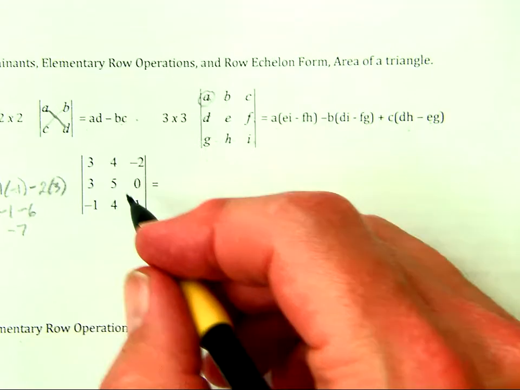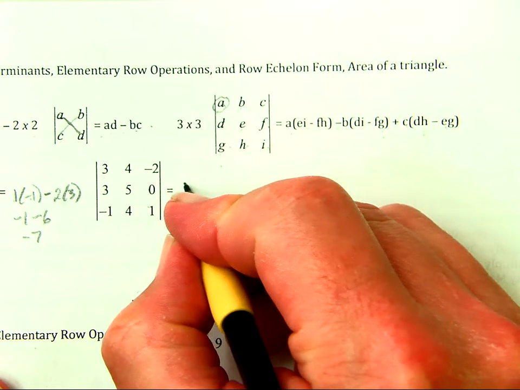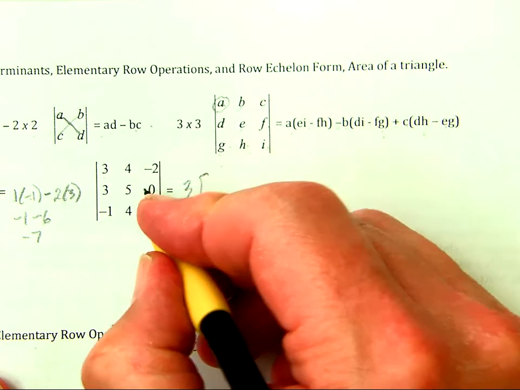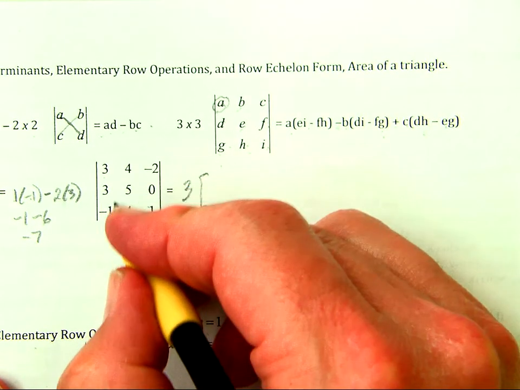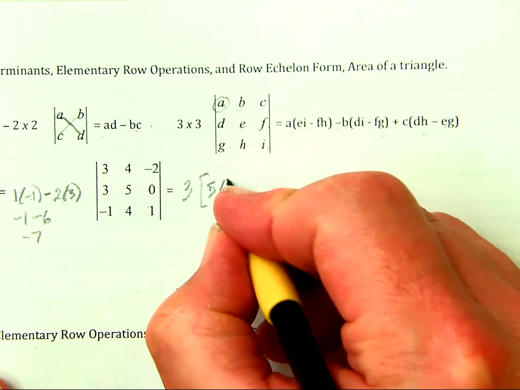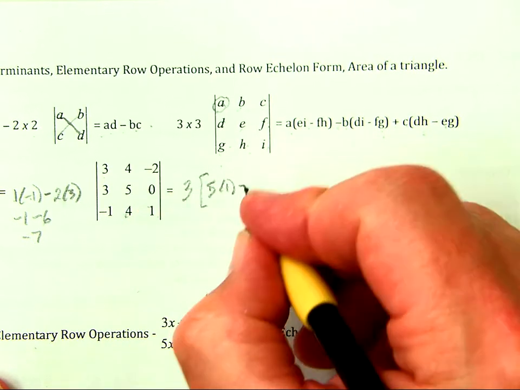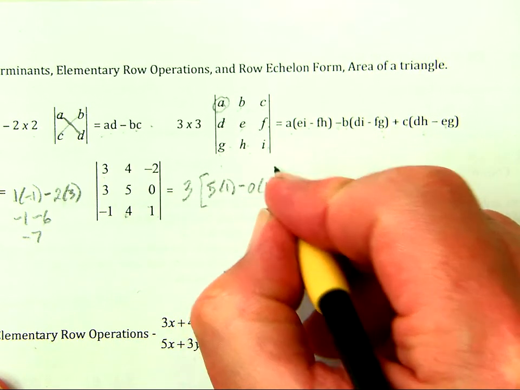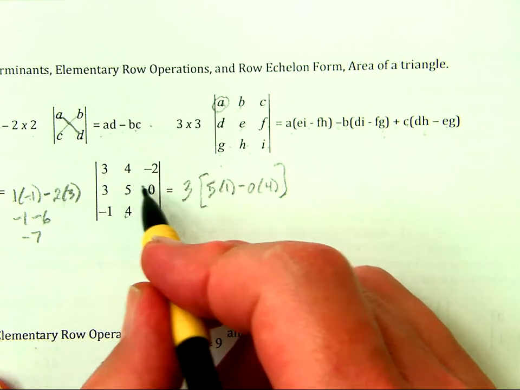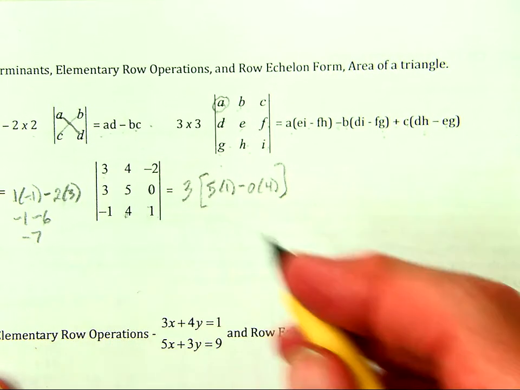So if we were doing this one right here, we start with the 3 times, now we're going to look at these 4 right here. So that'll be 5 times 1 minus 0 times 4. So we took 3 times these lower right 4, 5 times 1 minus 0 times 4.